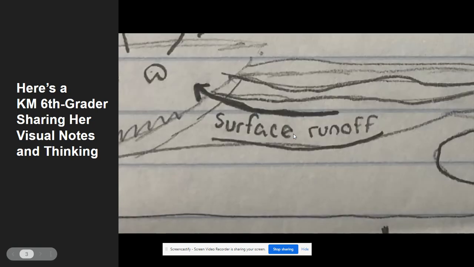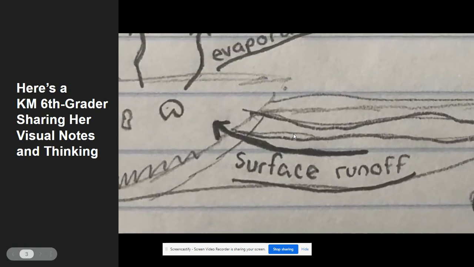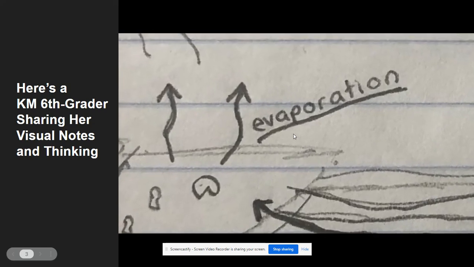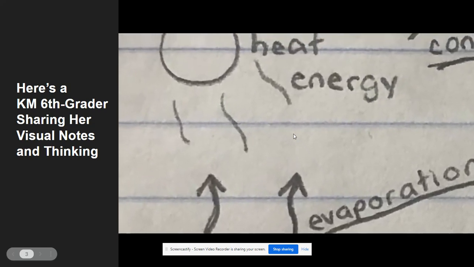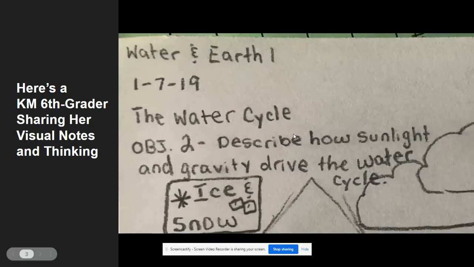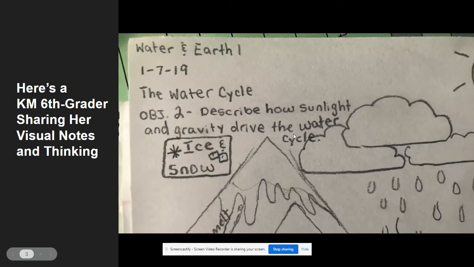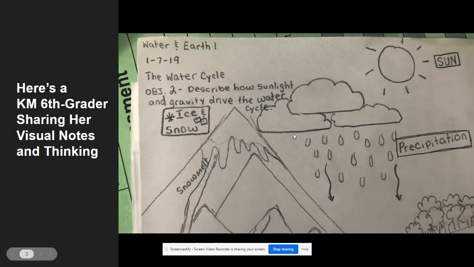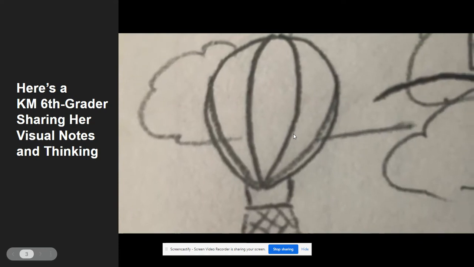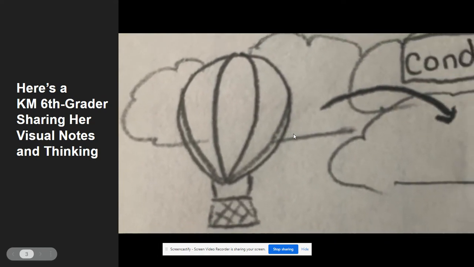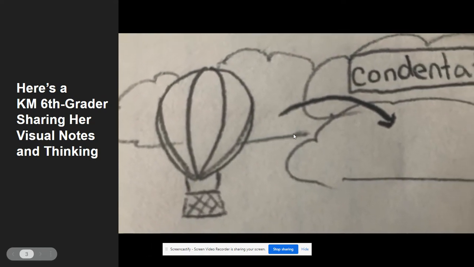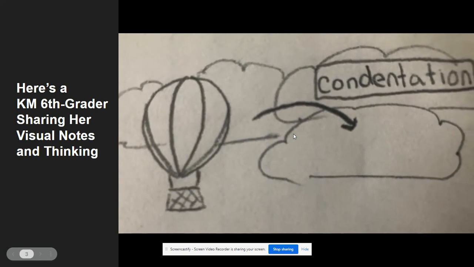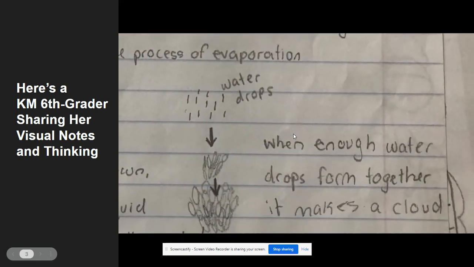In this picture, it shows the water cycle, how water evaporates into the atmosphere, and it turns into water vapor, and then goes through condensation, and that's when it's in the process of turning into a liquid from a gas again.